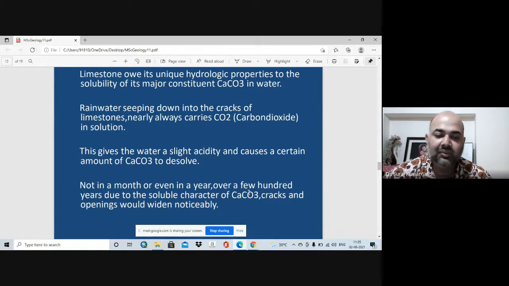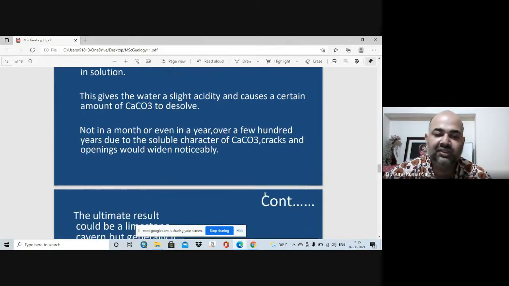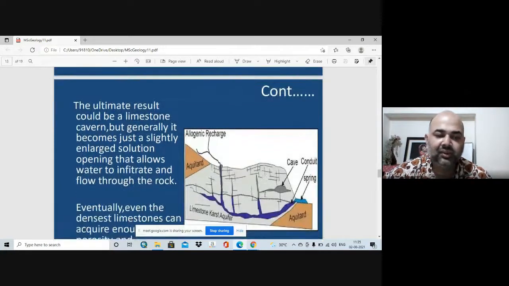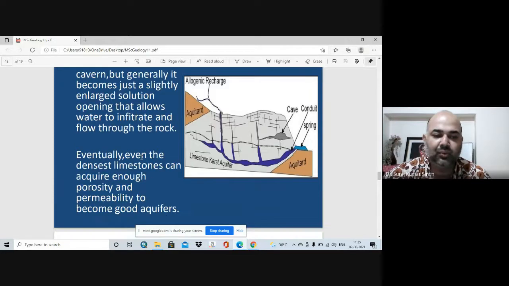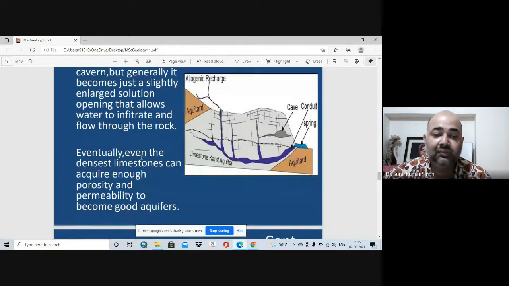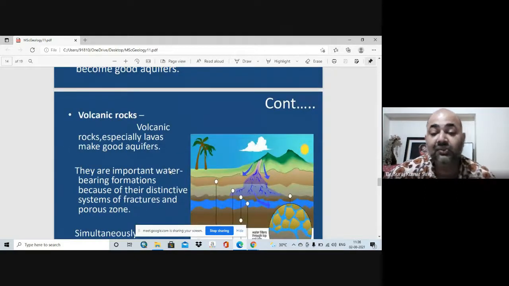Finally you will find cracks and openings in many of the rock types, and the ultimate result can be limestone caverns, but generally it becomes just slightly enlarged solution openings that allow the water to infiltrate and flow through the rocks, and eventually even the densest limestone can acquire enough porosity and permeability to become a good aquifer. So right now we are seeing the different rock types as water bearing structures.